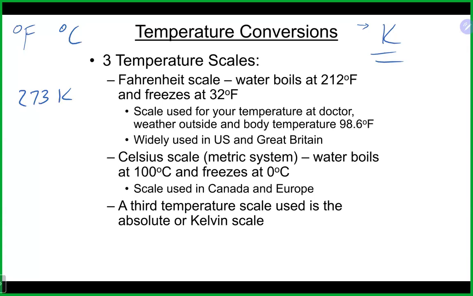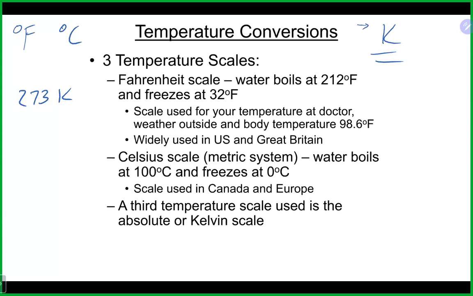On the Fahrenheit scale, water boils at 212 and freezes at 32 degrees Fahrenheit. That is the scale commonly used here in the US for temperature, like the temperature outside.